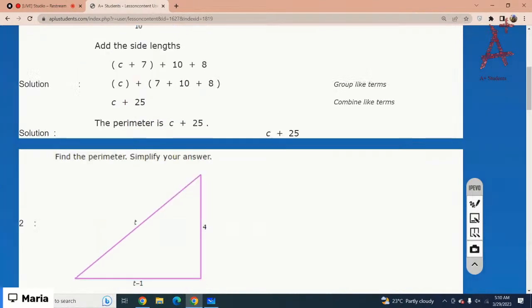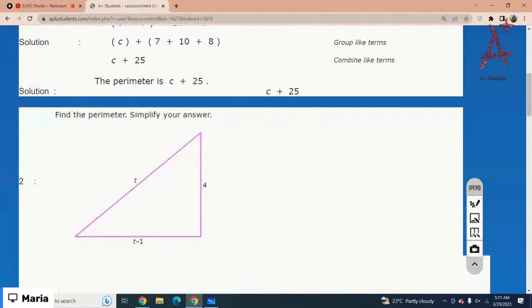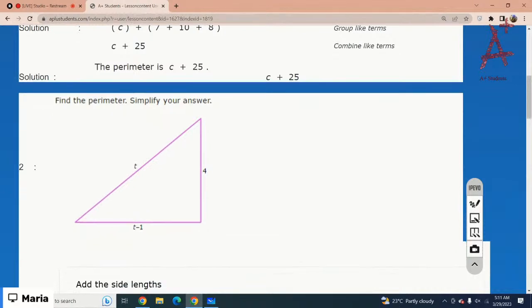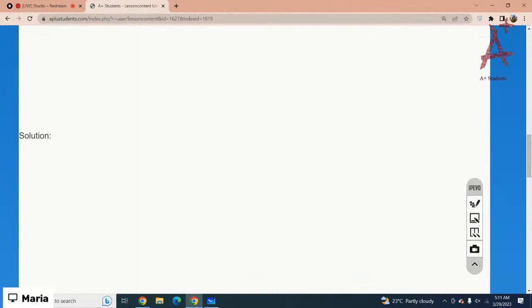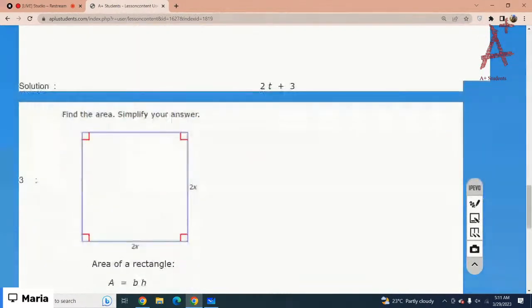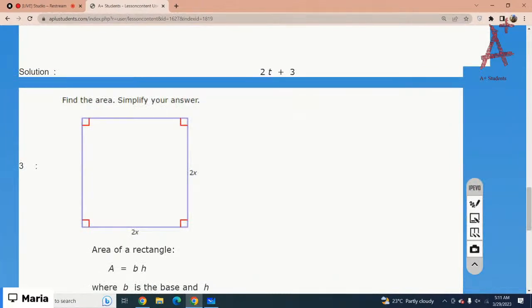Okay, find the perimeter. Keep this very important point for the perimeter in your mind. Perimeter is you have to add up all the side lengths. Got it? So for the triangle, you have 4 plus t minus 1. Got it? And just collect the like terms. And for the area, you have to multiply length times width.